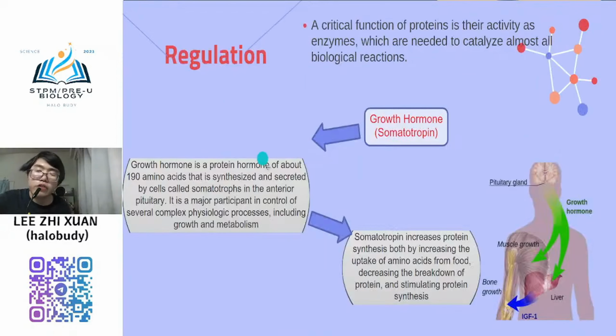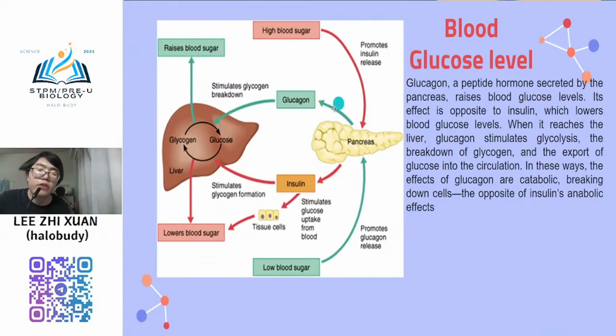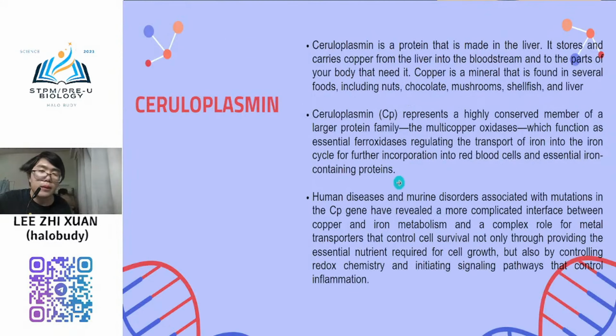Another one is regulation, as I mentioned about hormones. This one is growth hormone. And for blood glucose level, as I mentioned, insulin and also glucagon. You will learn more detail about this in semester 2. This one is ceruloplasmin, you don't need to know this, it is more of the biomedical part.